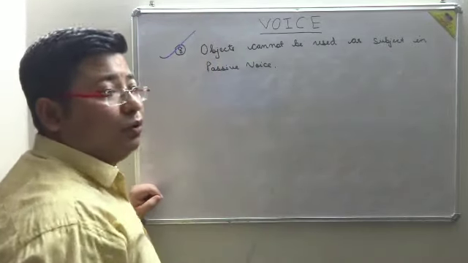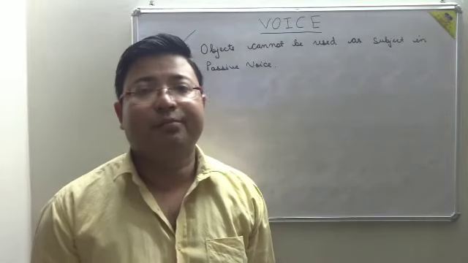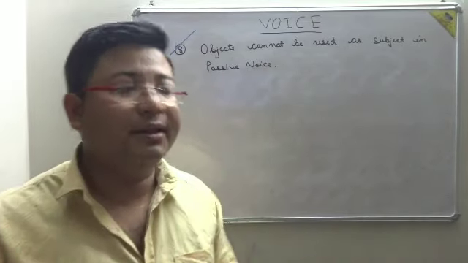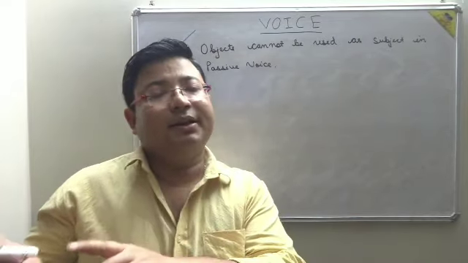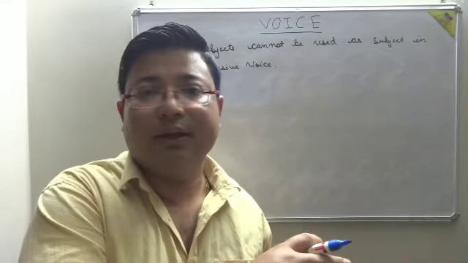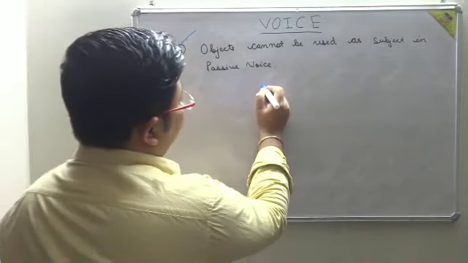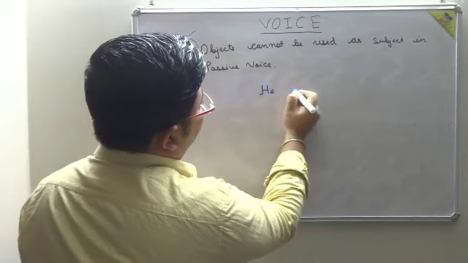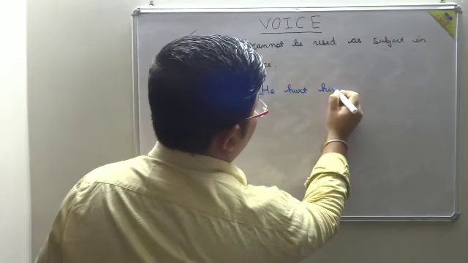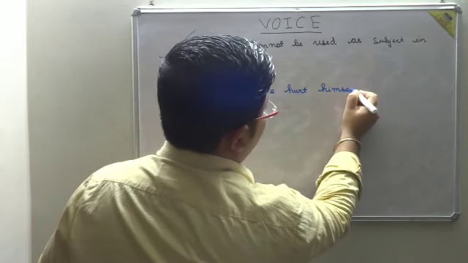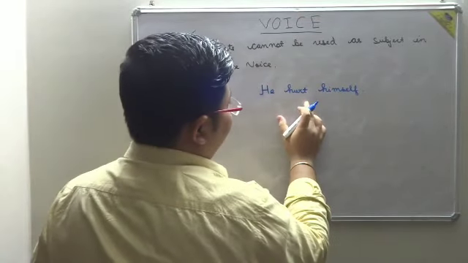See the 8th one. 8th rule: objects cannot be used as subject in passive voice. There are some certain sentences in active voice where the object in that sentence you cannot use as subject in the passive voice. Example: He hurt himself.